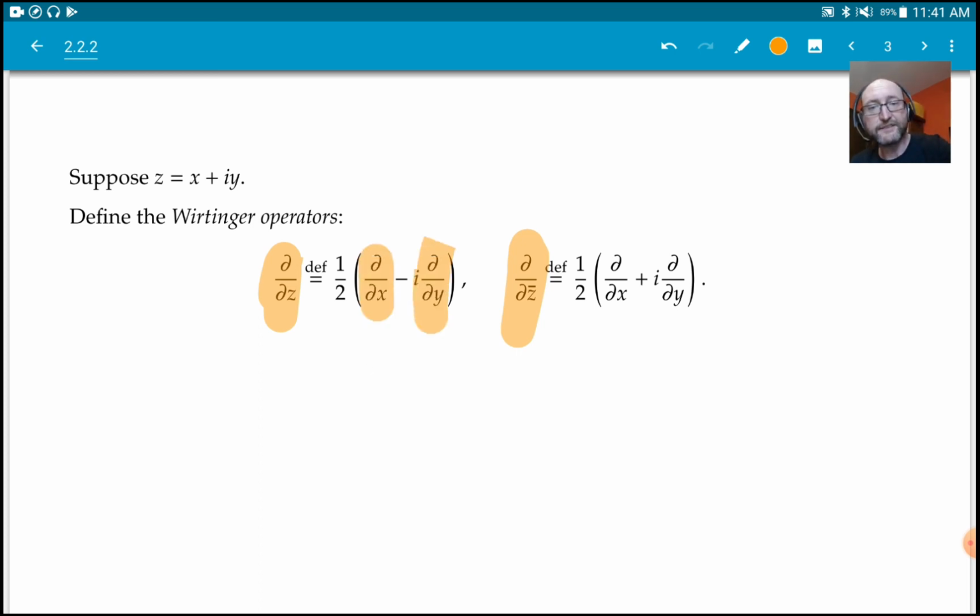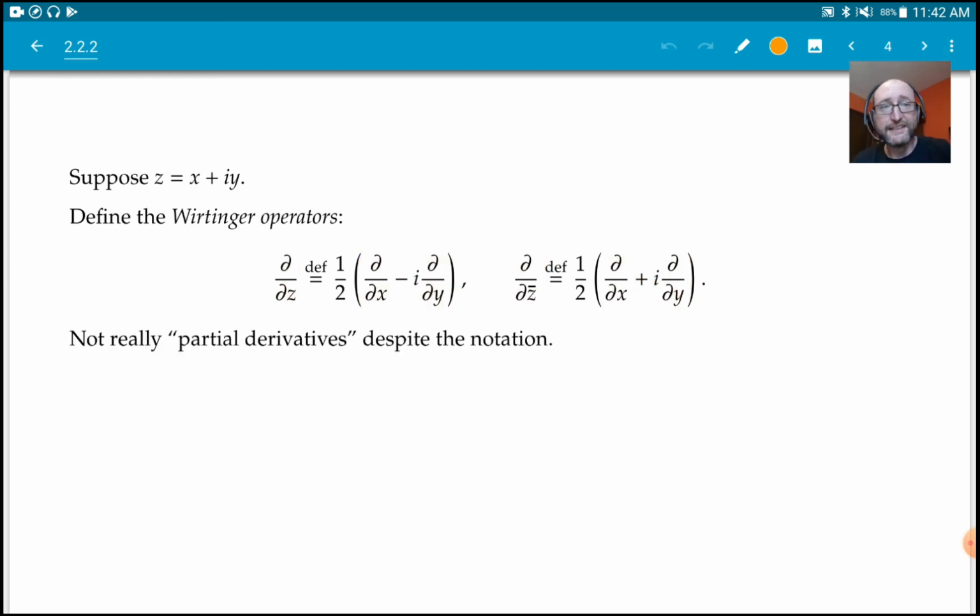These guys, d by dx and d by dy, those are actual, regular partial derivatives in x and y, just like in vector calculus, right? So these are not partial derivatives. They look like that because they sort of act like that, but they're not partial derivatives.